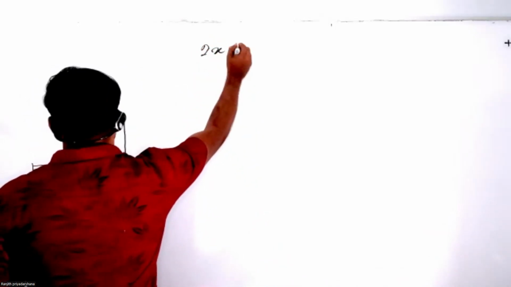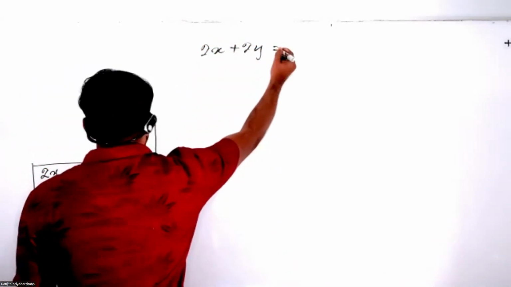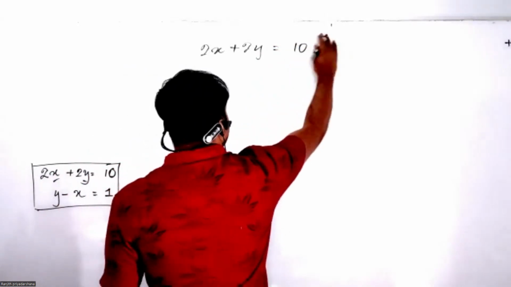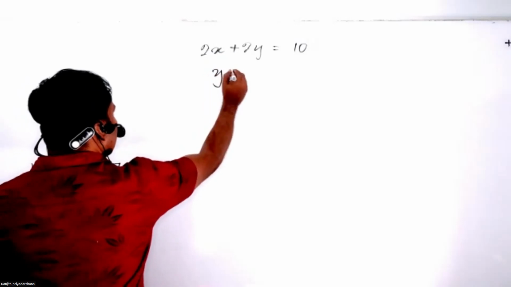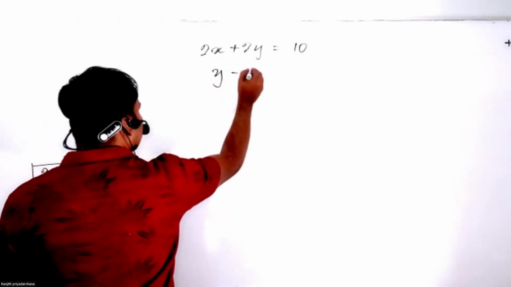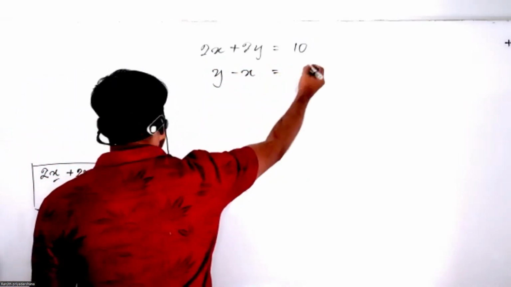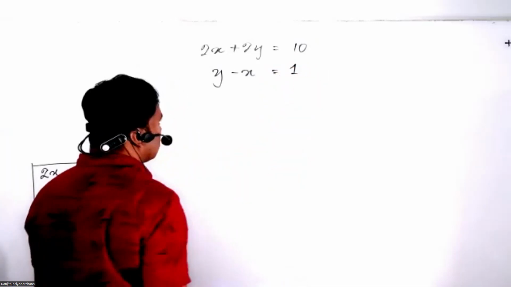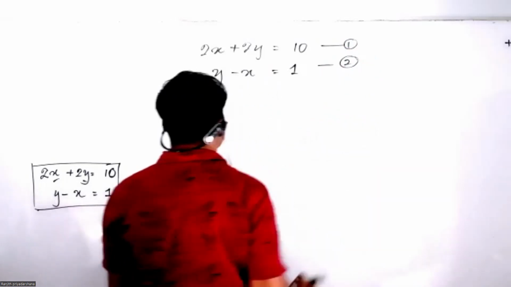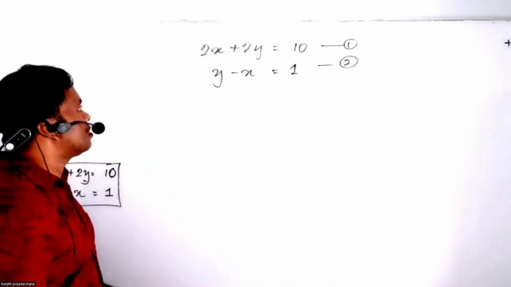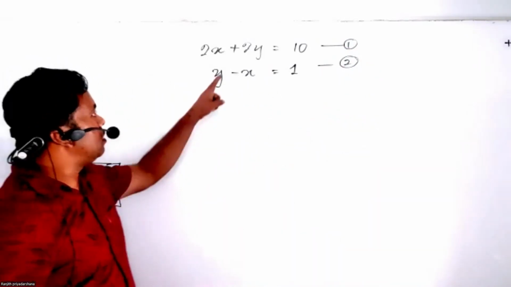2x plus 2y equals 10. So that's the first equation. The next equation: if you subtract x from y, that gives 1, right? First, label the first equation and second equation. First, you have to understand which variable is to be removed.